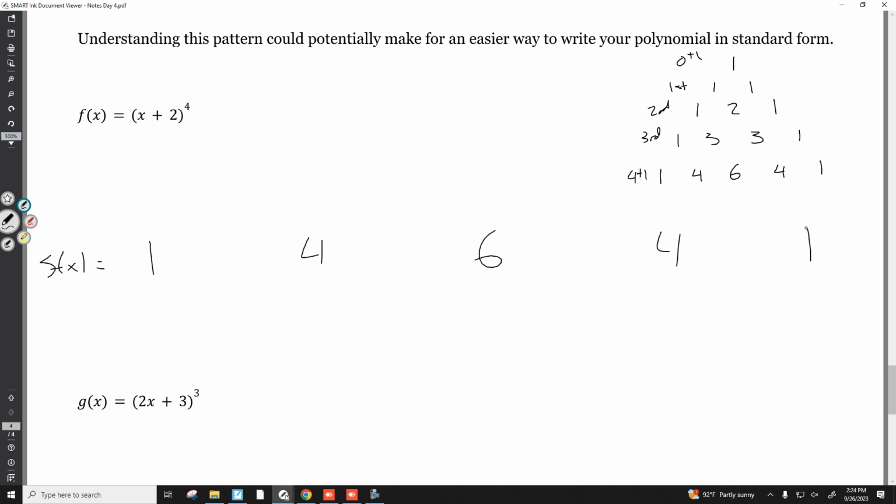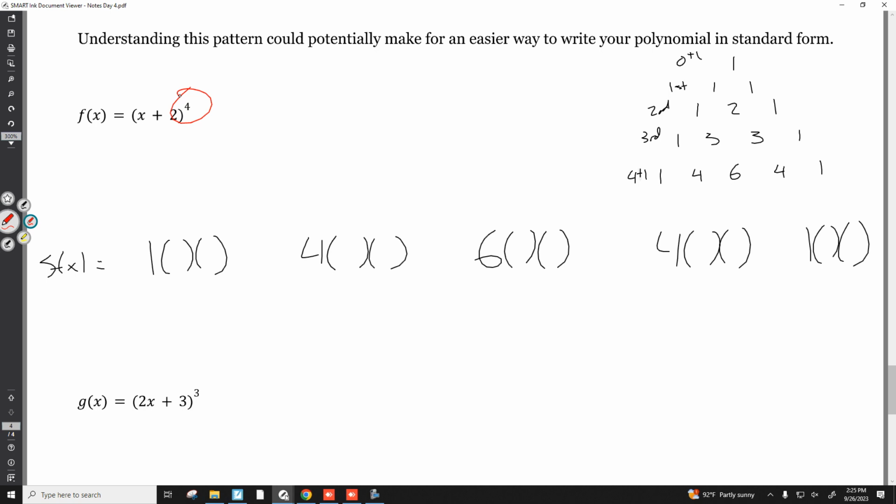Now, instead of using a's and b's, I'm just going to put 2 sets of parentheses next to all of them. Go ahead. Everybody put 2 sets of parentheses next to all of those coefficients. Cool? Now, you know you got a fourth degree.